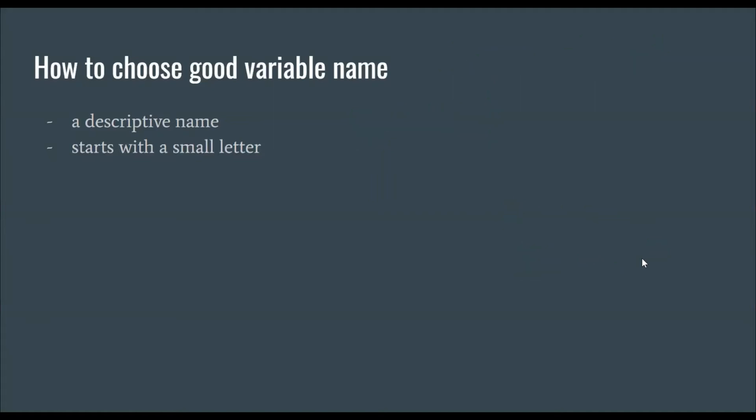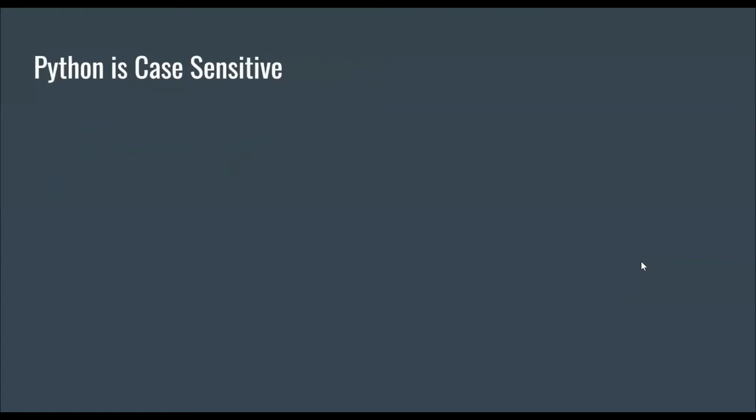The second recommendation is, and we will see some exceptions to it later, but in general, your variable should start with a small letter. Okay, lastly, we have this idea of Python being case sensitive. So when you create a variable base, for example, and you assign the value 4, you can use the same name, however, with a different case.